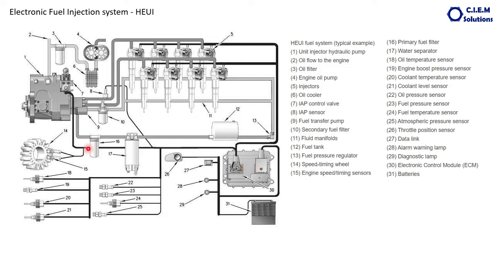The second input is the timing. At what time which injection has to fire, which cylinder has to be fired, in which injector the injection has to be applied. This is called a timing sensor. The other sensor is the boost pressure sensor. What is meant by boost pressure sensor? It is fitted after the turbocharger in the inlet piping.